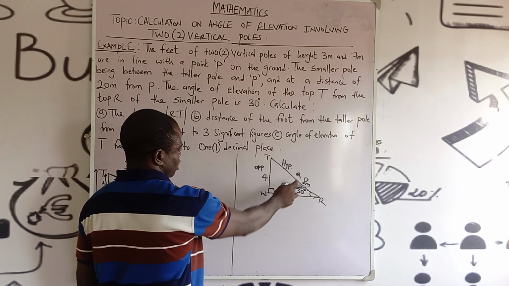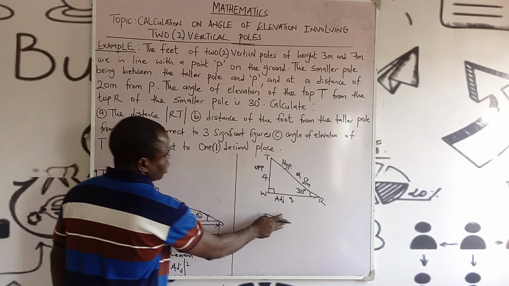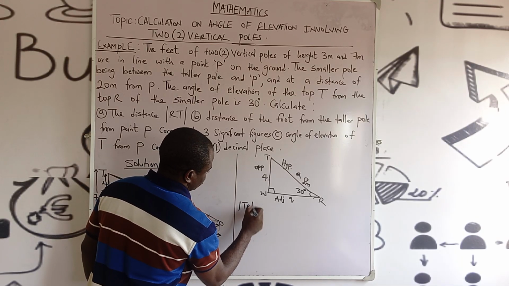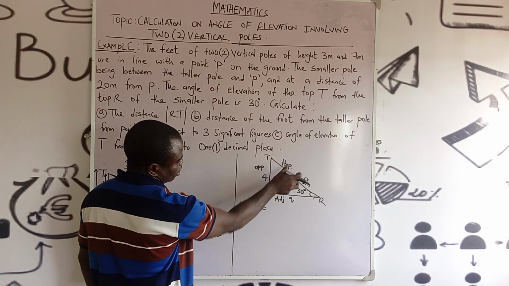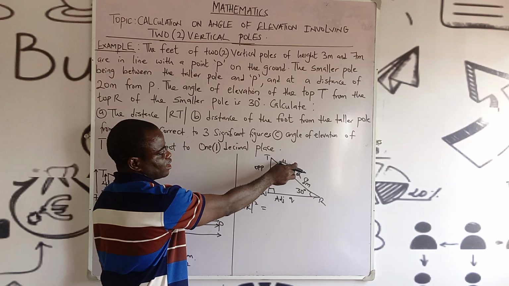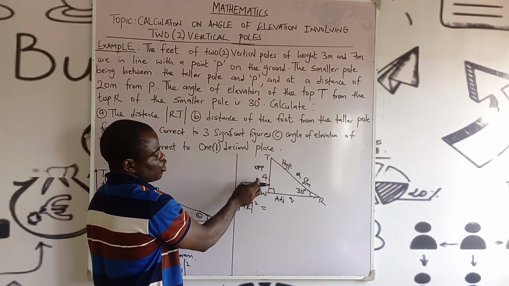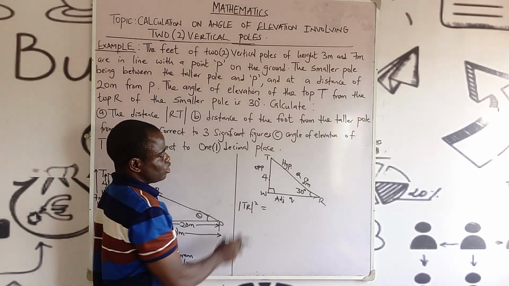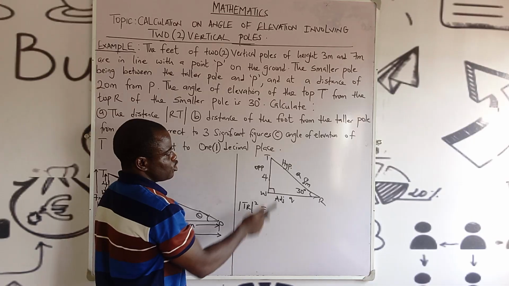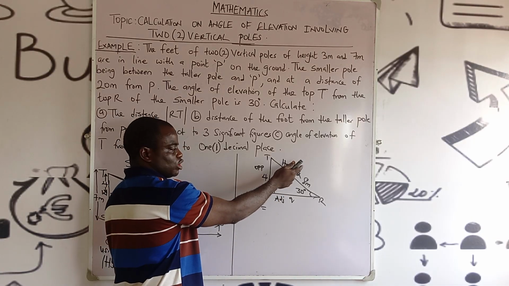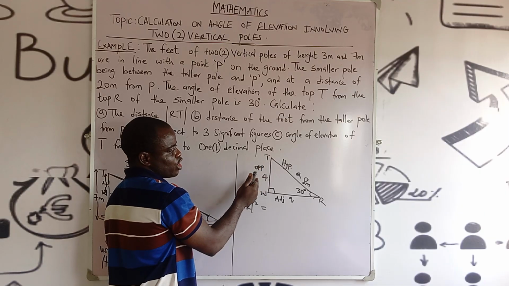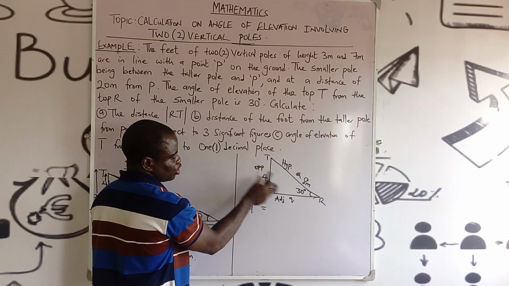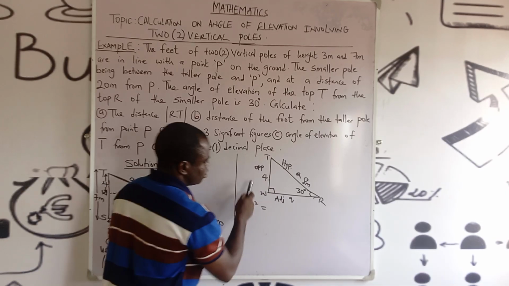Hypotenuse is represented with A. You can still write it as line TR squared equals, the square of the longest side is equal to the addition of the squares of the two other smaller sides. The square of the hypotenuse is equal to the addition of the squares of the other two sides.